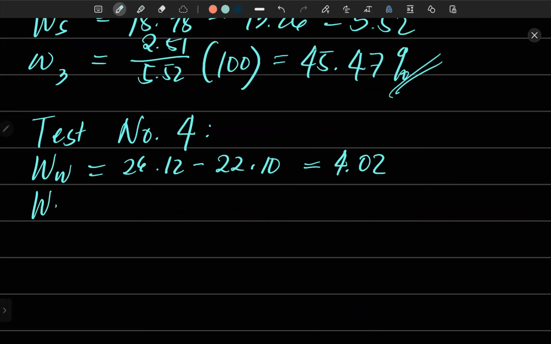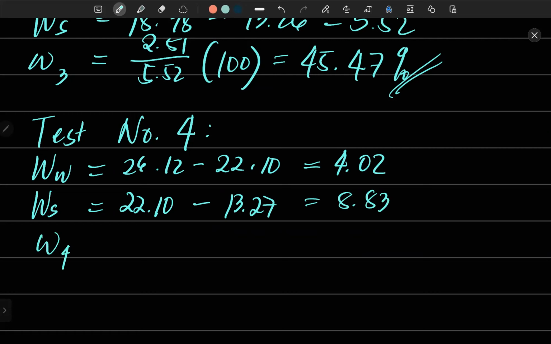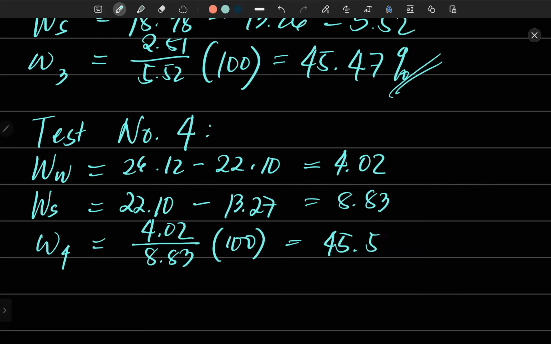Then we have the weight of the soil solids: 22.10 minus the weight of the container, that is 13.27. This is equivalent to 8.83. So the moisture content for number 4 is 4.02 divided by 8.83 times 100%. This yields 45.53%.